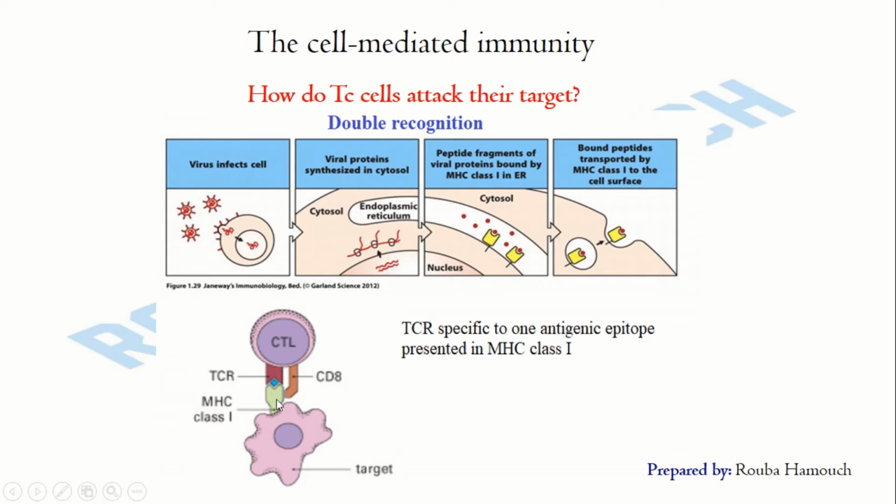This molecule is associated with a peptide, which is a non-self peptide. So the TCR of the cytotoxic T lymphocyte is specific to the epitope presented in the MHC class I molecule. It's the double recognition. The cytotoxic T lymphocyte recognizes the non-self peptide plus the MHC class I molecule expressed on the surface of the modified self.